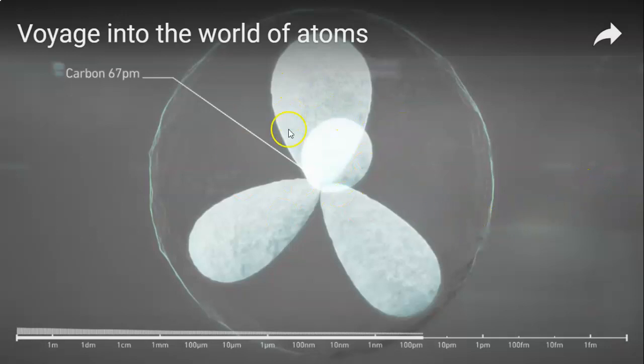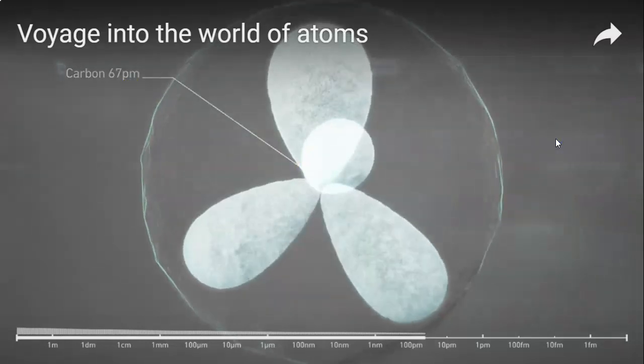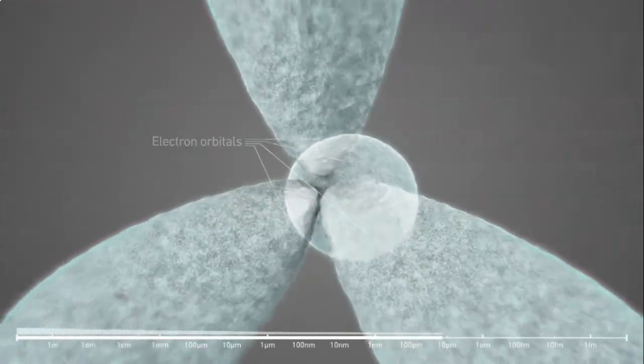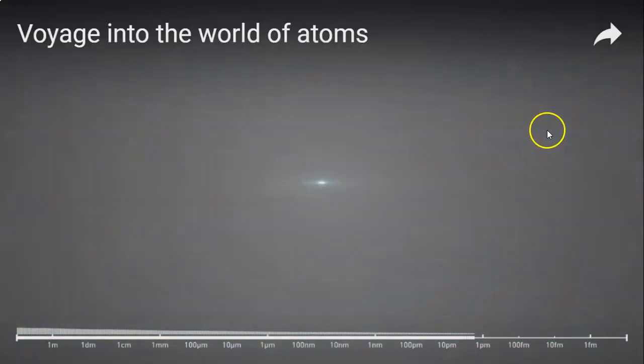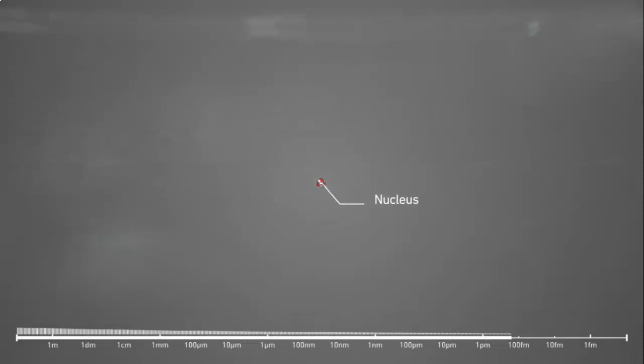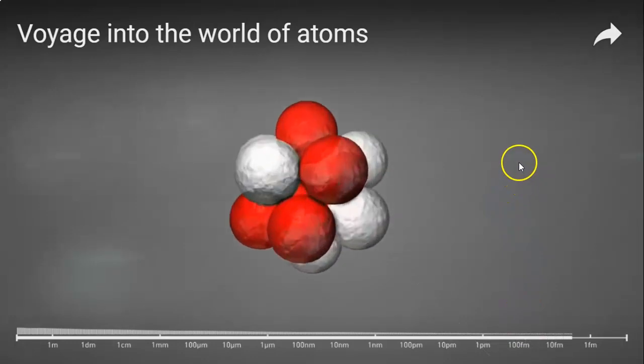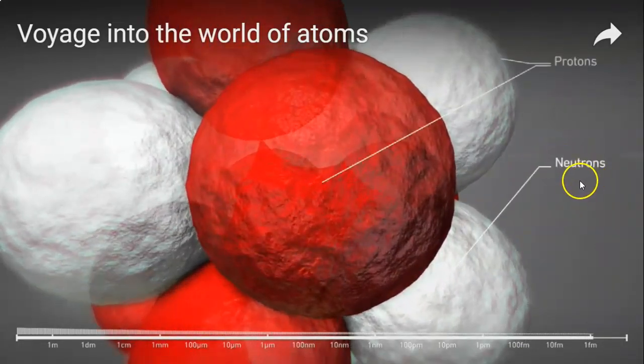And this is kind of the energy of electrons in a carbon atom. And the electrons are really energy. Now we're getting deep, 10 times smaller even. This shows you that an atom is mostly empty space, but then we get to the very center of the nucleus. This is the nucleus.